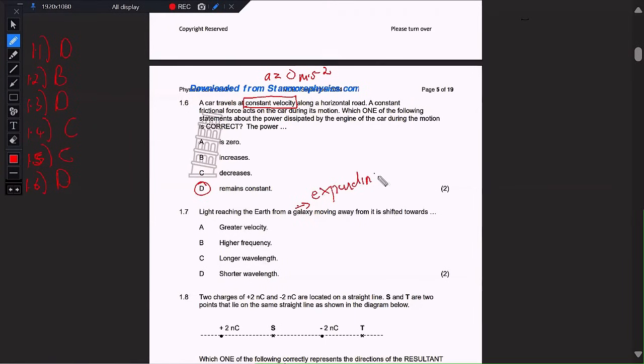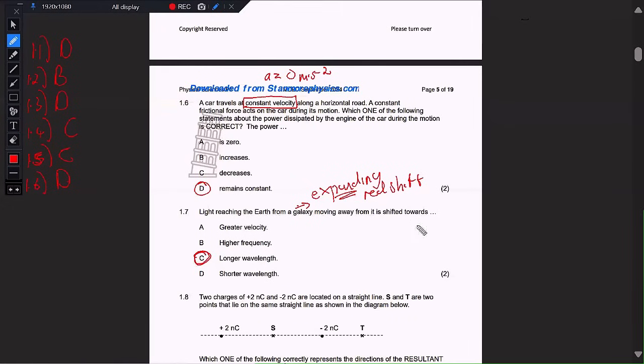And the phenomenon that suggests that the universe is expanding is known as the redshift, right? In the redshift, what we are explaining is that the light coming from the galaxy moving away would have to be shifted to the longer wavelength, right?